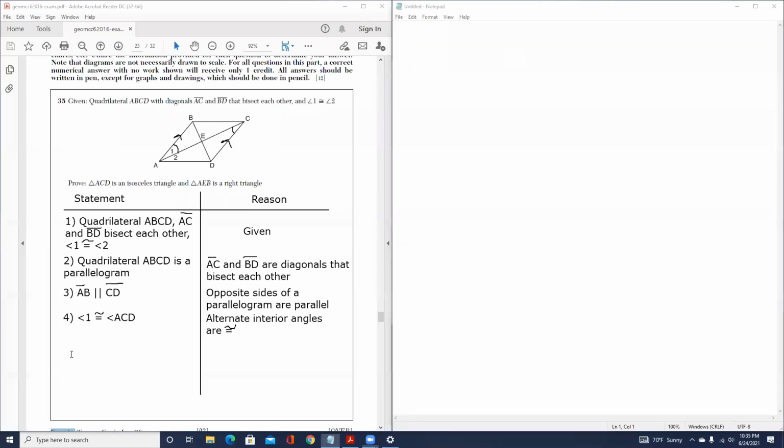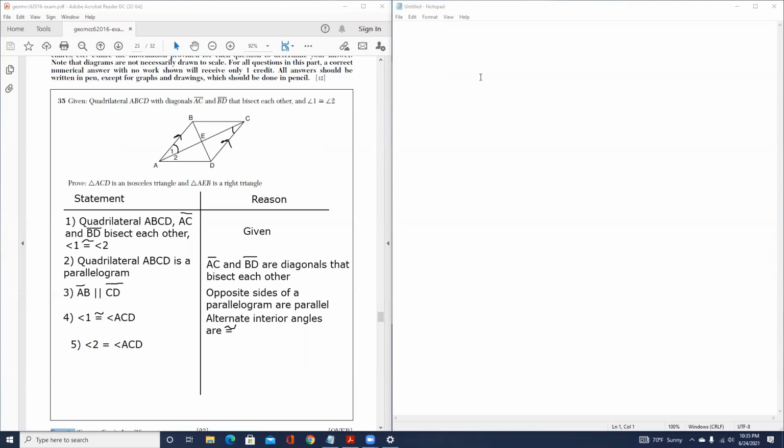Let's move now to, now if angle 1 is congruent with angle ACD, and angle 1 is congruent with angle 2, then with step 5, we can state that angle 2 is congruent with angle ACD.